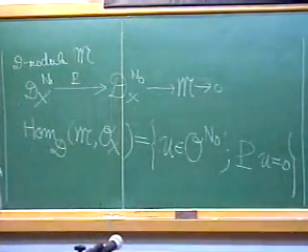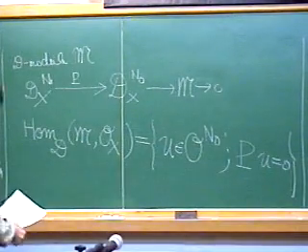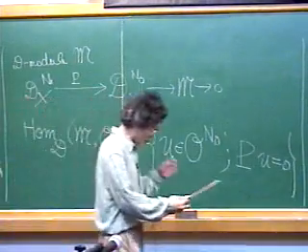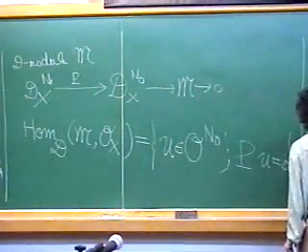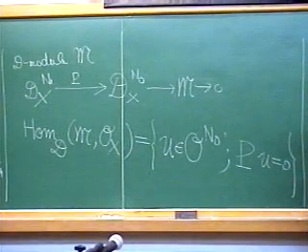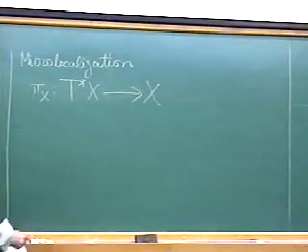So we are considering X, the base manifold, but now we want to consider them on the cotangent bundle. So that is the cotangent bundle T*X.